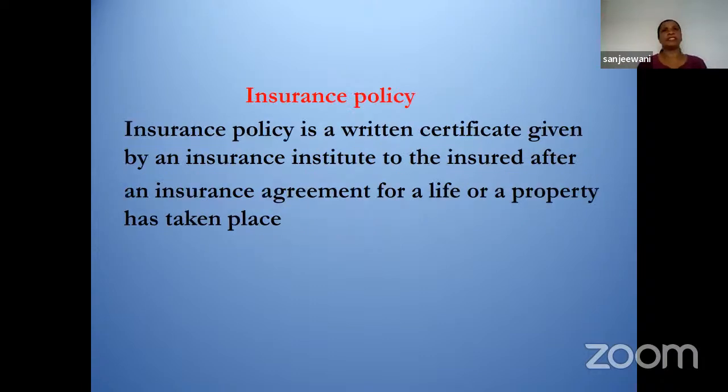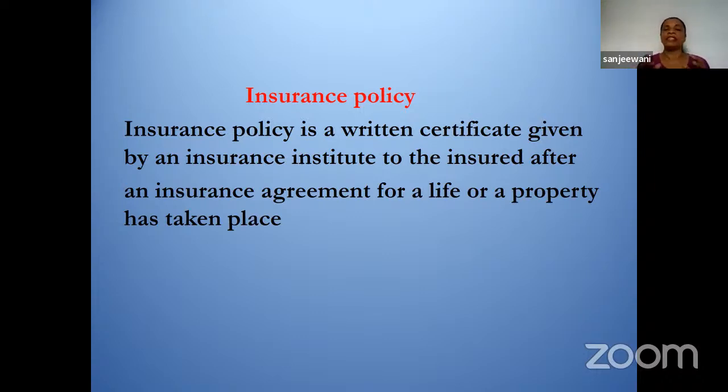Then what is a policy, children? Now two terms, don't mix those two terms. Insurance agreement is a written agreement. What is an insurance policy? It's a written certificate. When you get the insurance coverage from the institution, they will give you the certificate, right? The written certificate is known as the insurance policy.